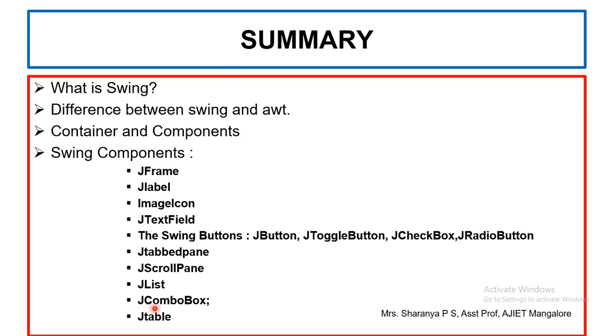These are the different Swing components. By using these Swing components and attaching the different events, we can build a very good graphical user interface to perform any kind of application.